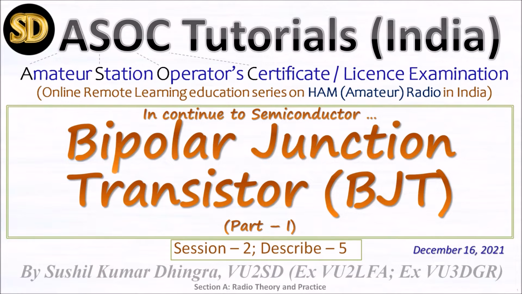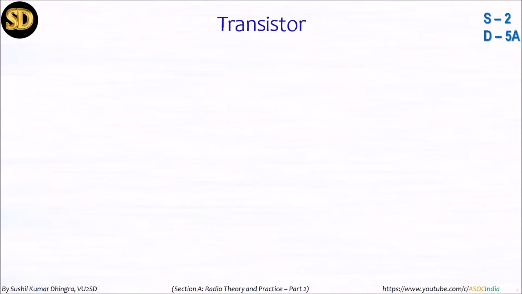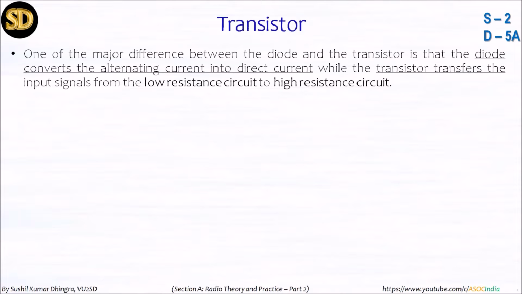So before I go continuously, first I have to explain what a transistor is. One of the major differences between the diode and the transistor is that a diode converts alternating current AC into direct current, while the transistor transfers the input signal from a low resistance circuit to a high resistance circuit.